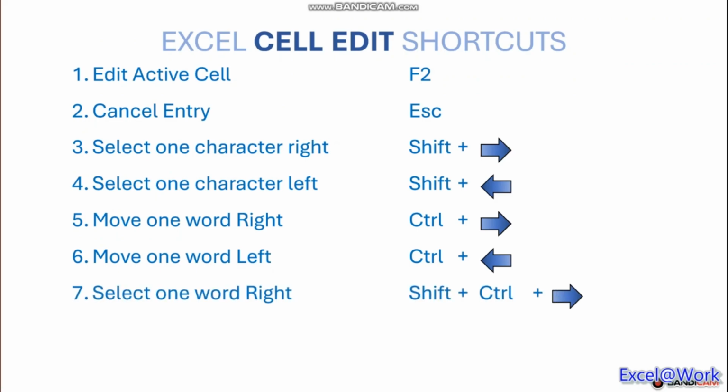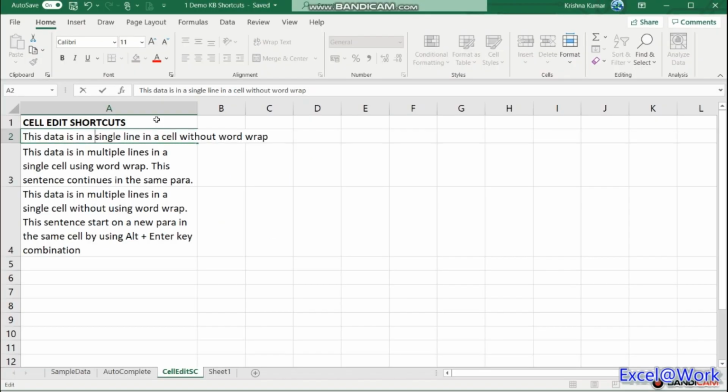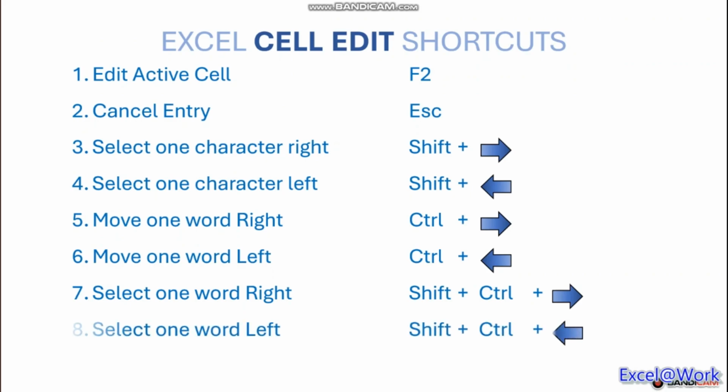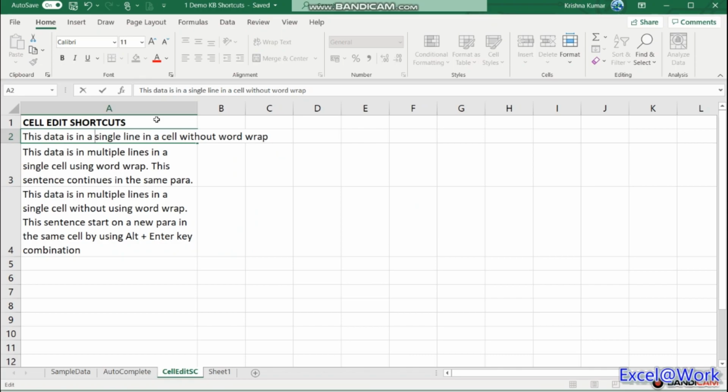Select one word right is shift control arrow key to the right. Select one word left is shift control left arrow key. So I'm here in the middle of the cell. I use shift control right key to select one word including the blank to the right. If you have multiple blanks, let's see what will happen.